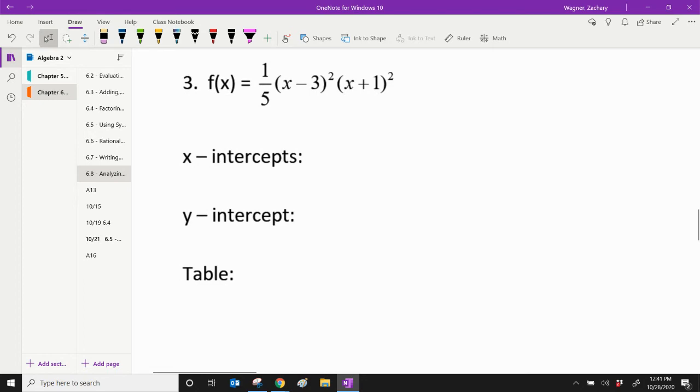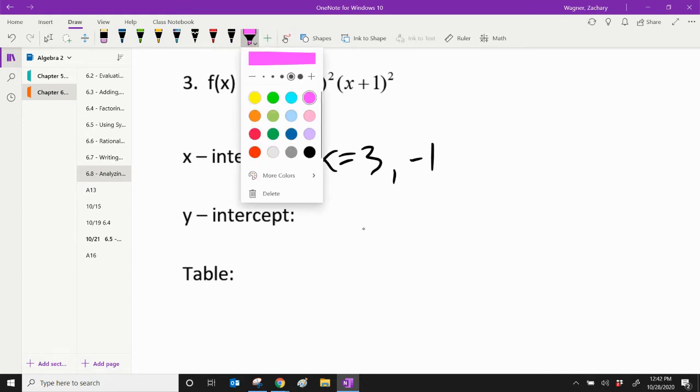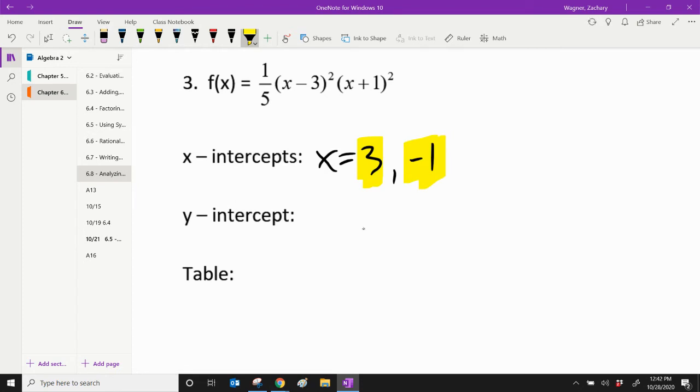This function, 1/5 of (x minus 3) squared times (x plus 1) squared. Now notice these zeros are being squared, which means the zeros stay the same, but they have a multiplicity of 2.